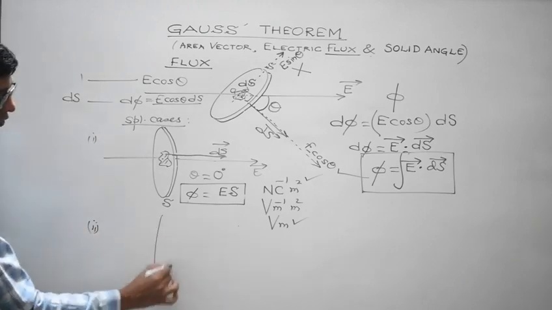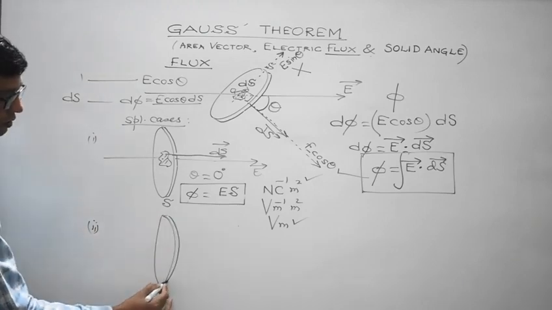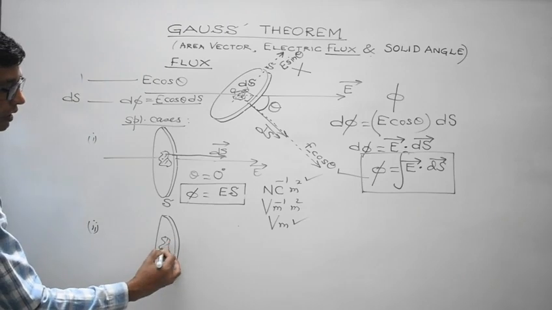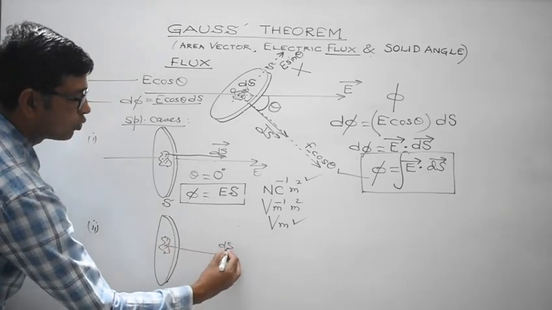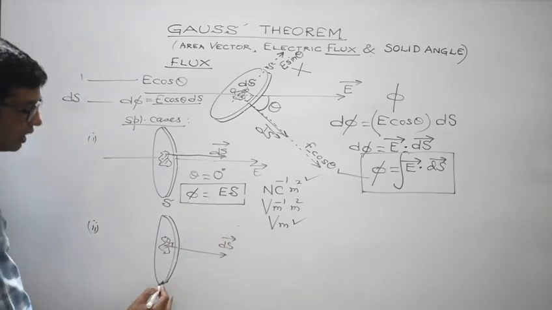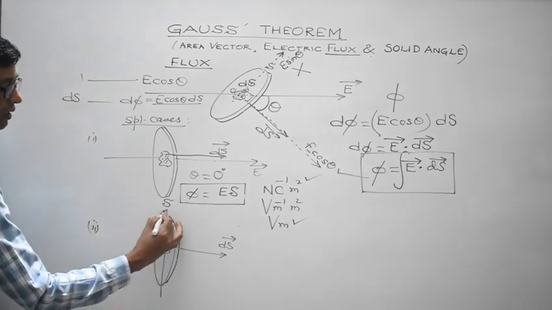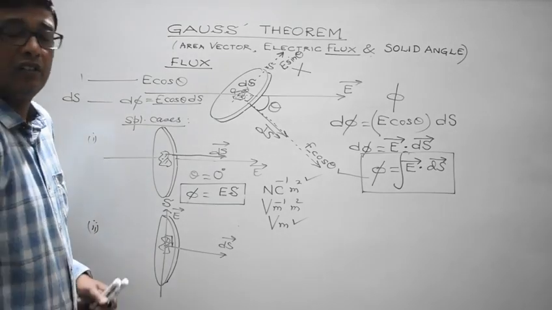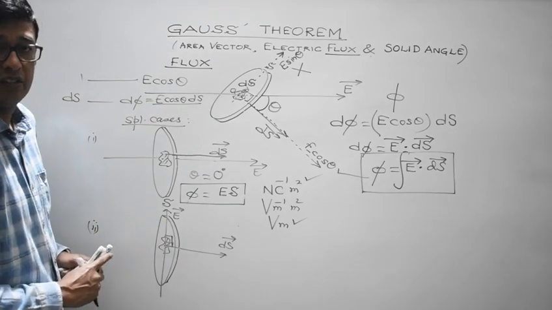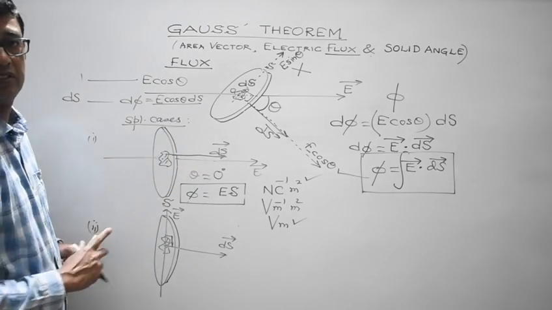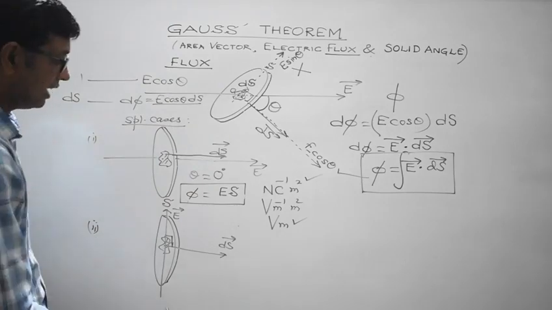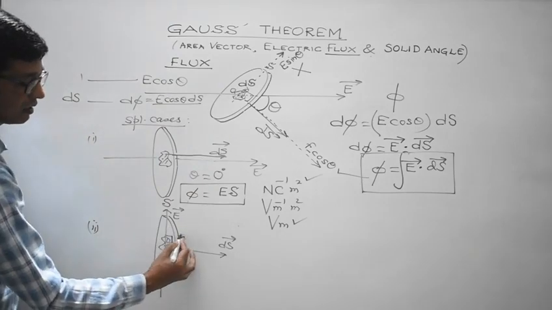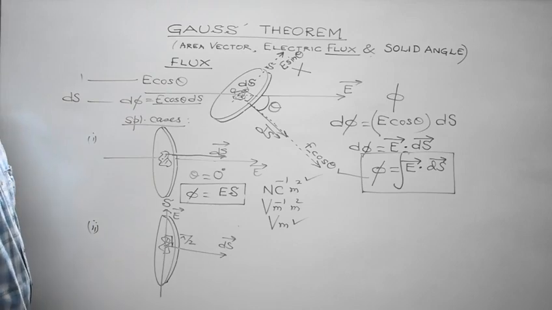If this is the scenario, this is the area vector, which will always be in the outward direction perpendicular to the surface, and this is the direction of the electric field. Let us consider this to be the direction of the electric field. In this case, the net electric field is along this surface, which means that the electric field is at right angle to the area vector.